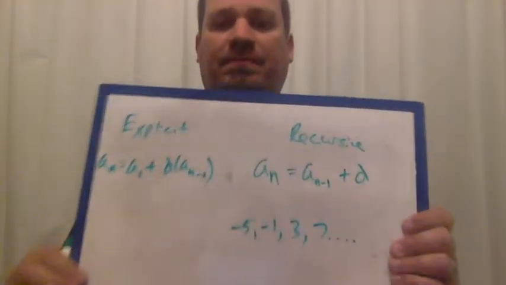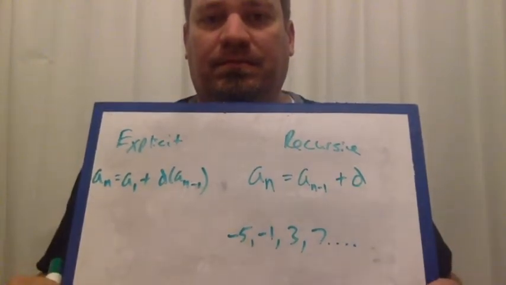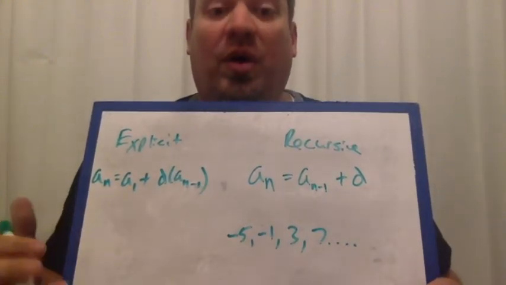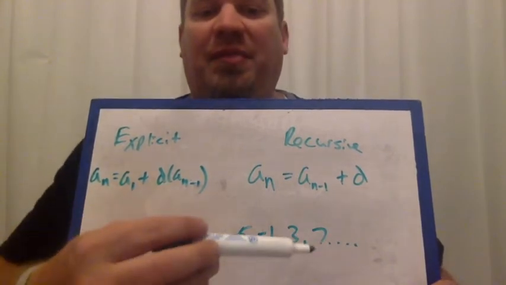So the explicit rule is if I'm looking for a sub n, I start with a sub 1, which is my initial number, and then I add my common difference times n minus 1. Okay, so basically what I do, same process here.